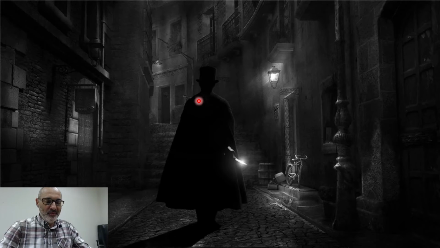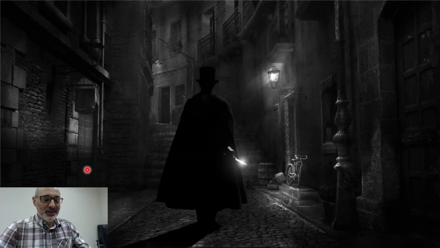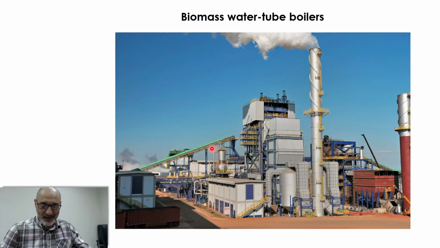And I remember, if you watch this kind of film, you always see a gas lamp, whose light is being reflected. This is Jack the Ripper, the character.